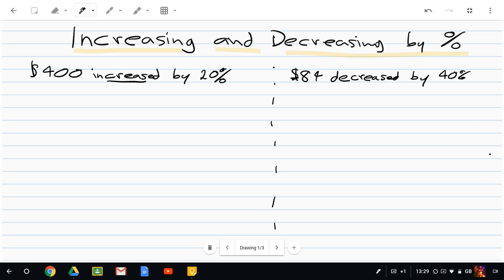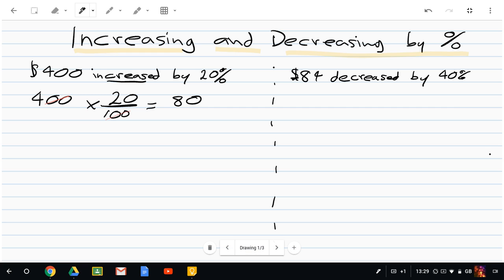If I want to increase something by 20%, your first inclination is to find 20% of 400, which we've done plenty of times before. So I can cancel those zeros and cancel those, and that gives me 4 times 20, 80.